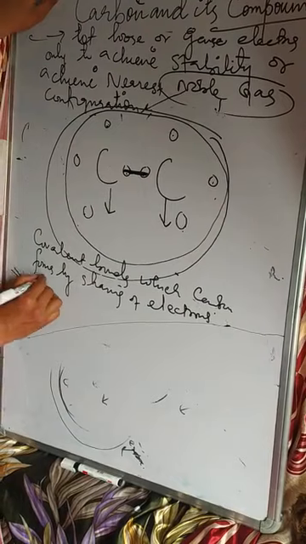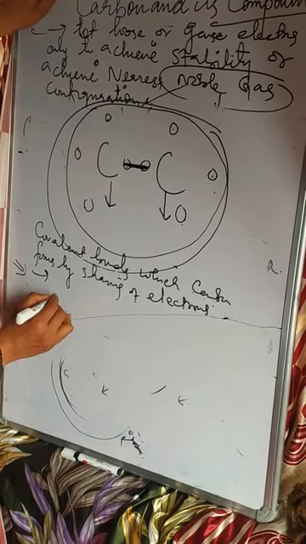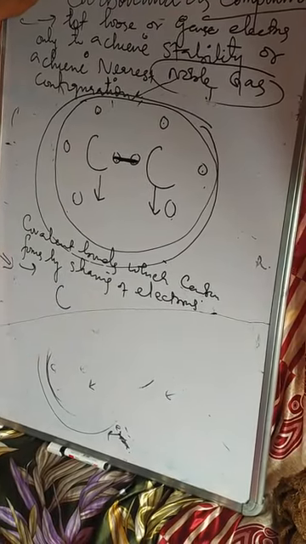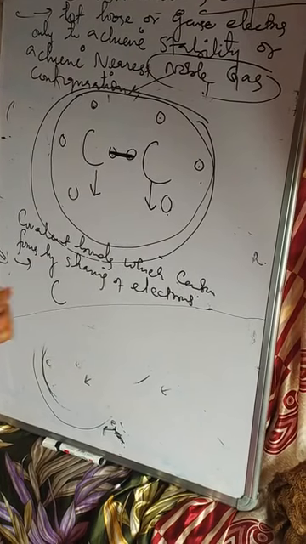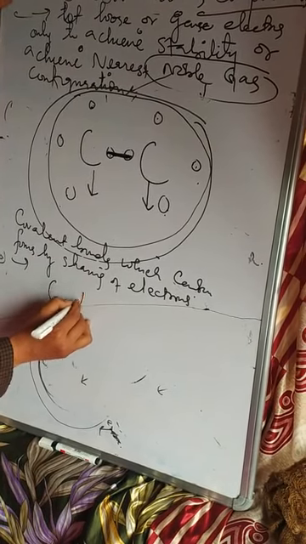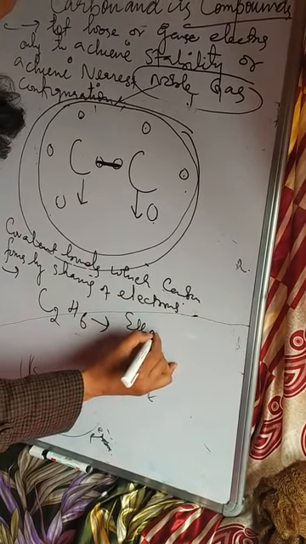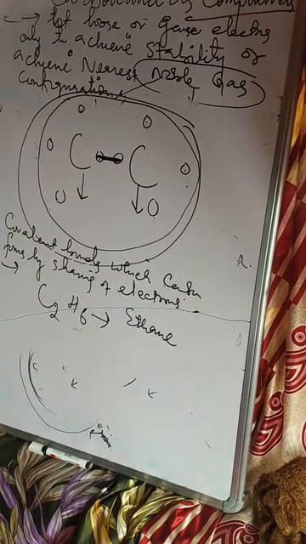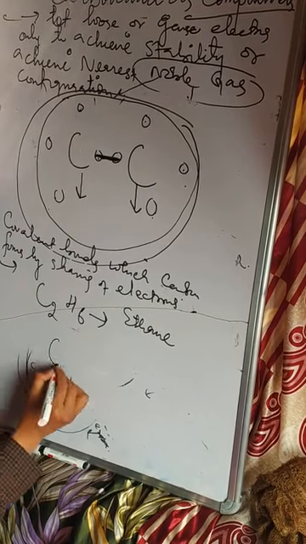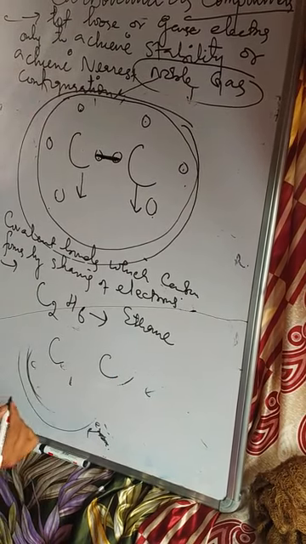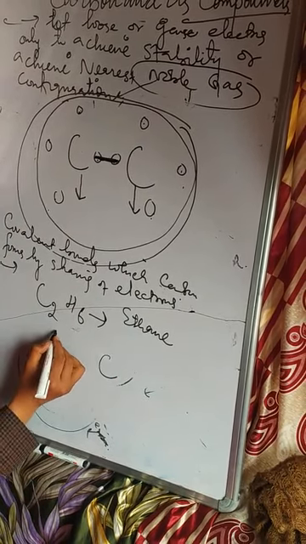One more example. This is carbon, and this is C2H6, which is ethane. See, 1 carbon and a 2nd carbon. In its last shell each contains 4 electrons.